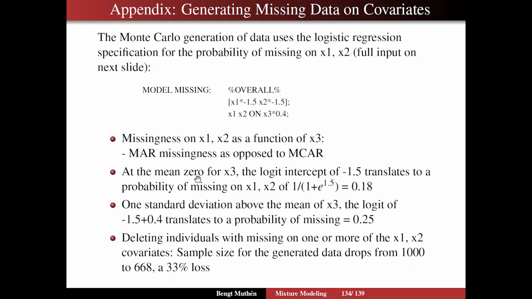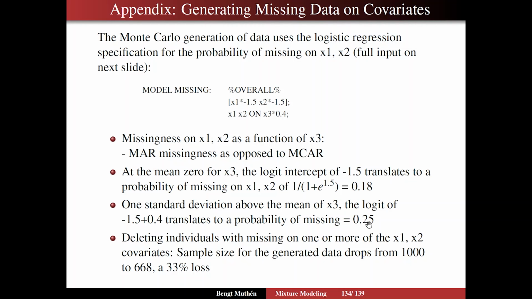At the mean of 0 for x3 here, the logit intercept of minus 1.5 translates to a probability of missing on x1 and x2 of, by the logit to probability transformation, 1 divided by 1 plus e to the minus logit, minus minus becomes plus, 0.18. So that's at the specific value of 0 for x3. One standard deviation above the mean of x3, the logit of minus 1.5 plus 0.4 translates to a probability of missing 0.25.